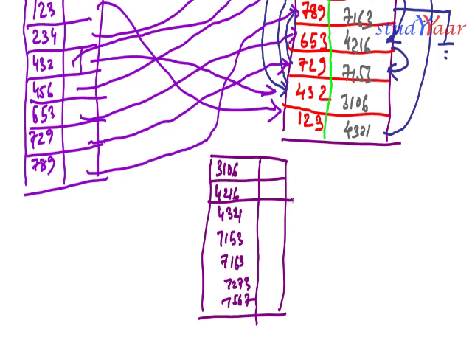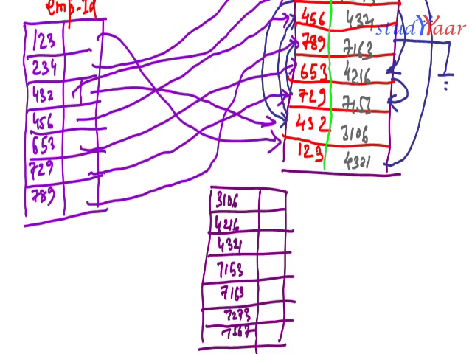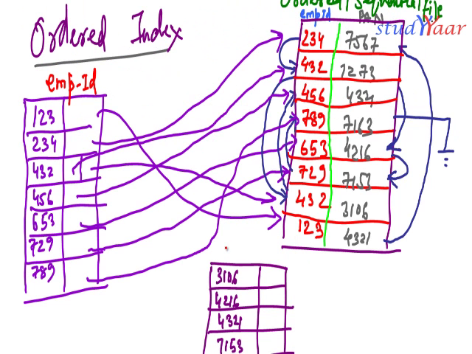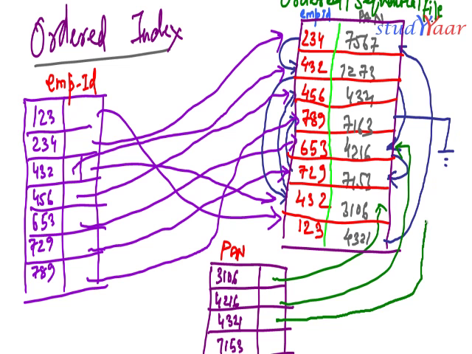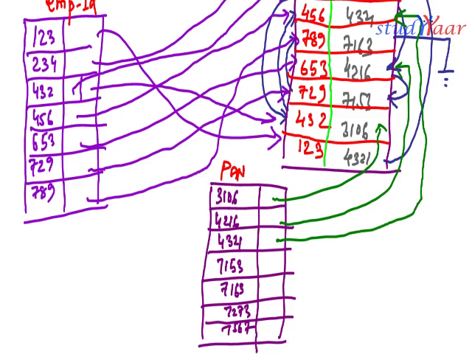And I say this is based on PAN numbers. And this also would point to records: 3106 would point to this, 4216 would point to this, 4321 would point to this, and we will just complete it.